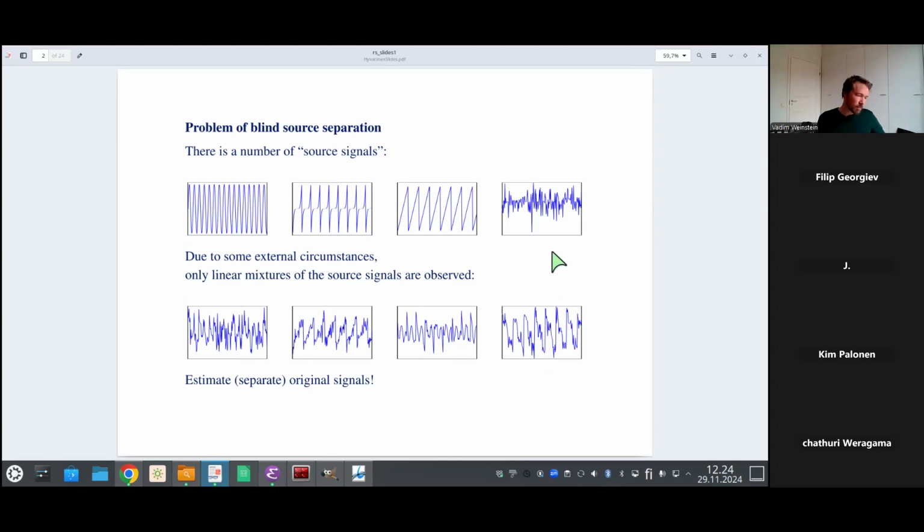So for example, if you have four sound sources, like a guitar, somebody singing, noise from the audience, and another musical instrument like a saxophone. Now they're all mixed, but we are taping this with four microphones.